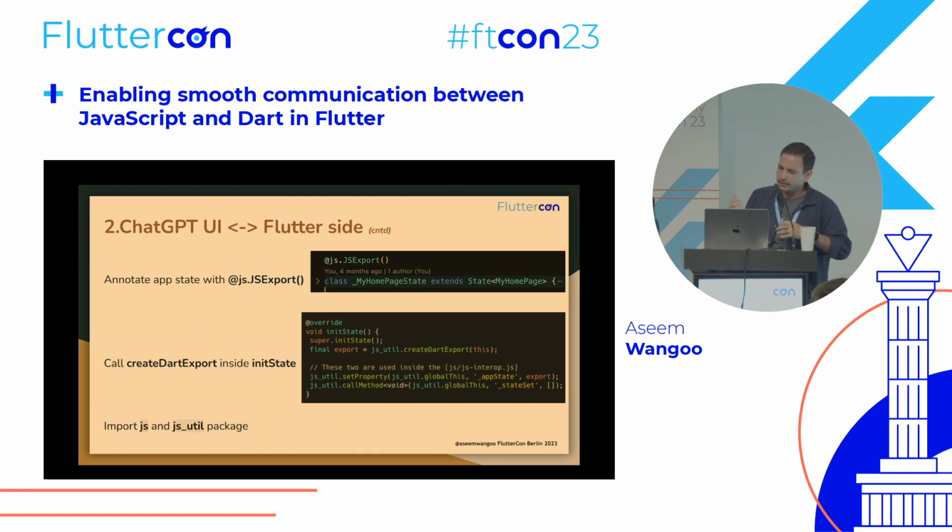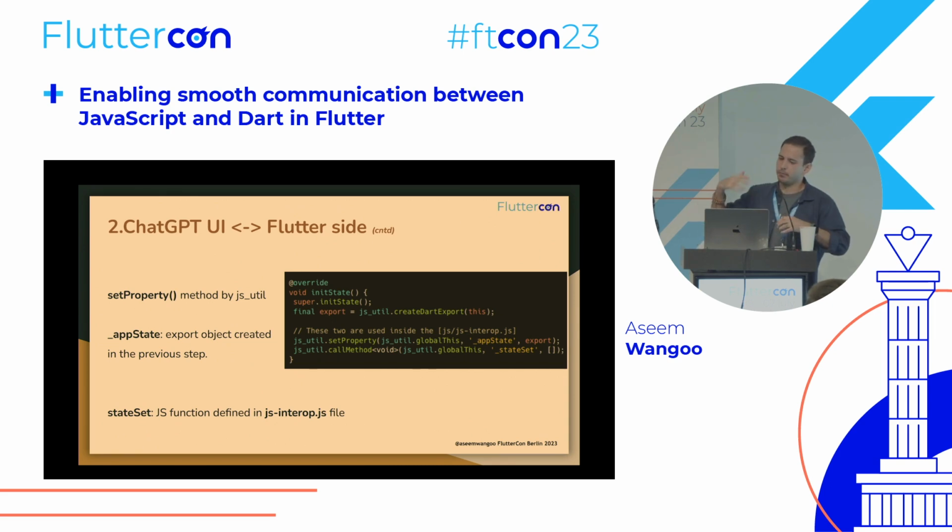So next, as we saw in the overview, we would call createExport. And in that createExport, we pass this, which is basically the current context of the code, in this case the state object itself. This is done by importing the JS and the JSUtil package.